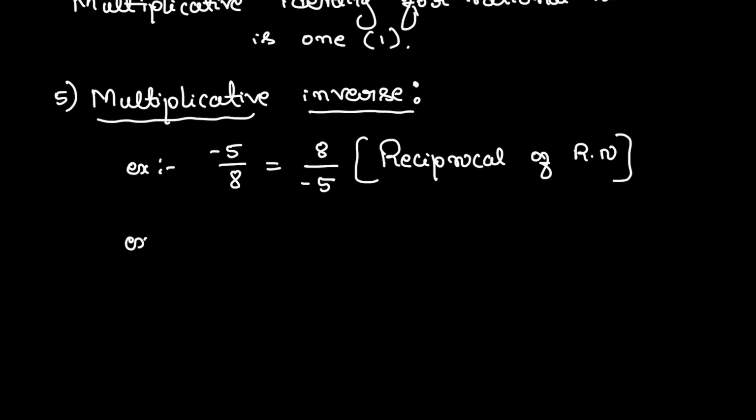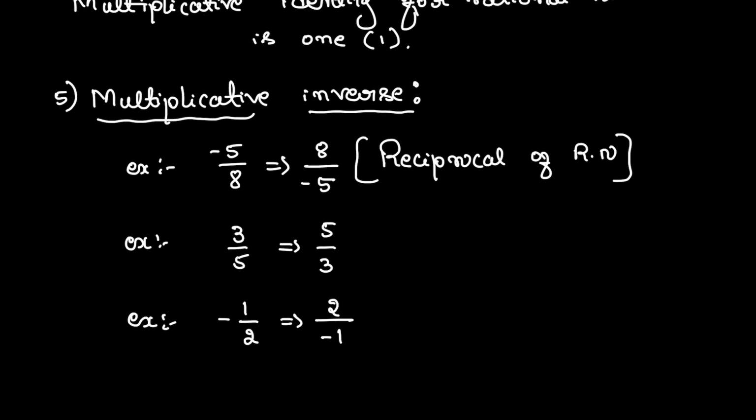The second example you can take 3 by 5. The reciprocal is 5 by 3. We are not changing any sign, just the reciprocal of the given number. Minus 1 by 2 is equal to 2 by minus 1. Okay, these are the examples for the multiplicative inverse.